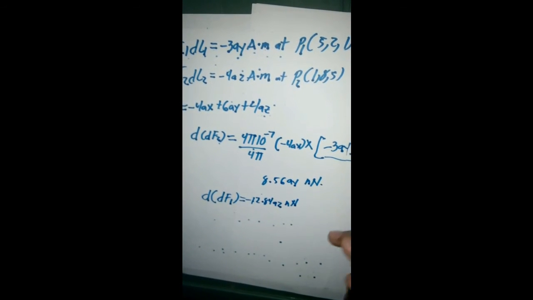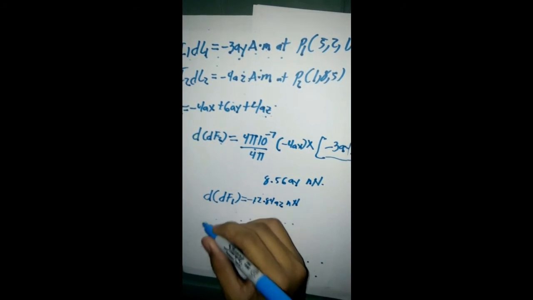The total force between two filamentary circuits is obtained by integrating twice.